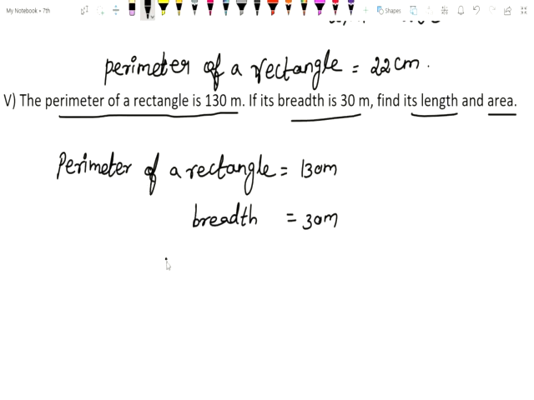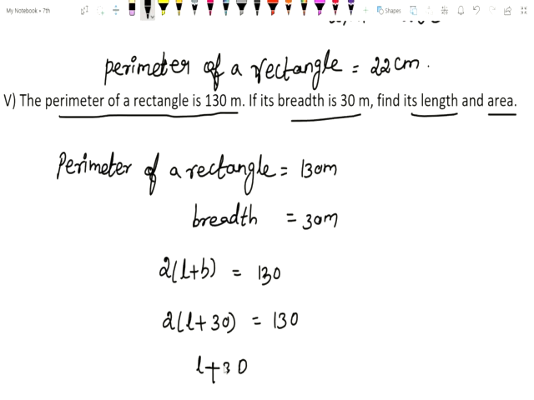Perimeter of a rectangle, 2 into L plus B, equals 130. In this you substitute: 2 into L plus B value 30 equals 130. So L plus 30 equals 130 divided by 2, because multiplication will change to division.